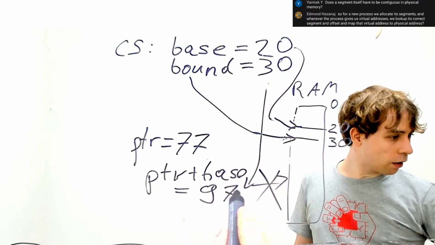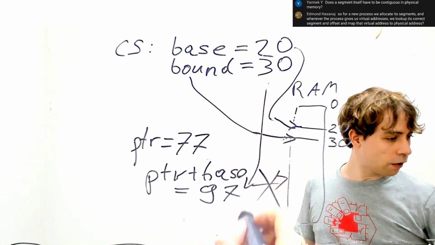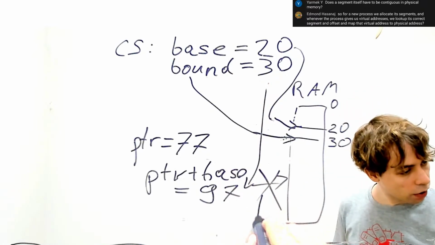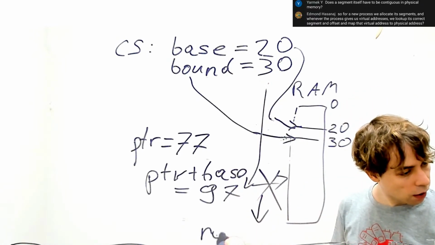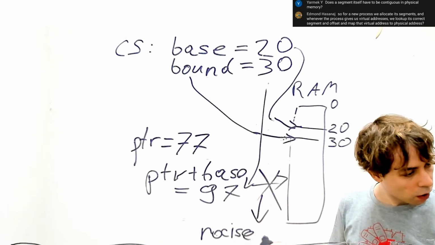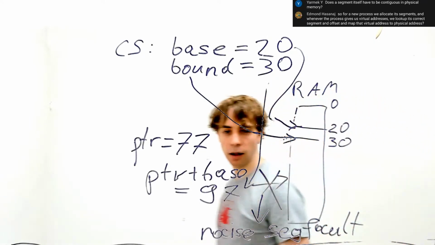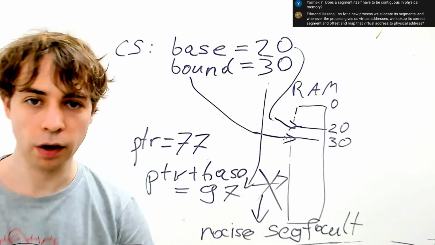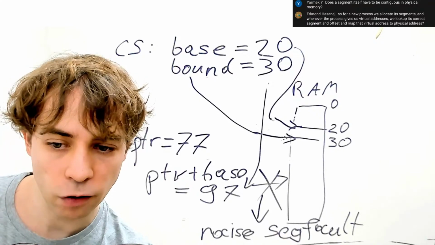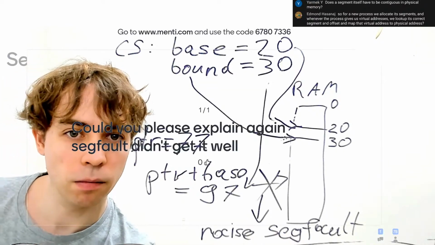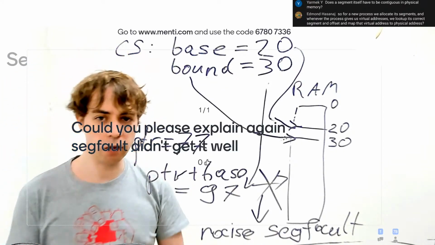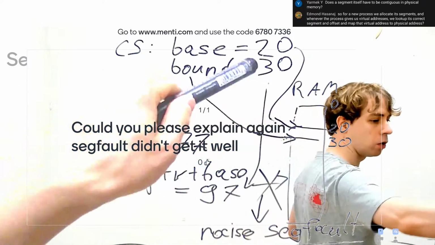In this case, 97 is greater than 30. So what the CPU does is it raises a seg fault. This is how we get to a seg fault. The CPU realizes this should not be part of this segment. It is not part of this segment, so it's a seg fault.